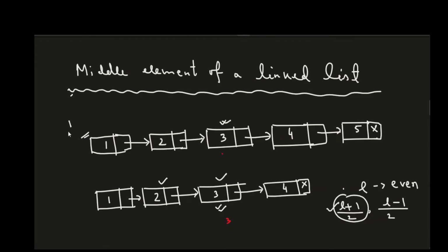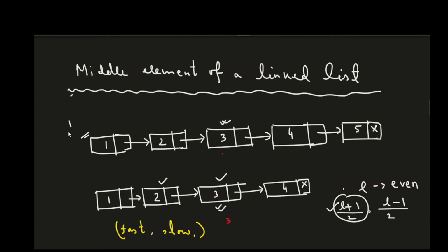Okay, so first what we can do, we will keep 2 pointers. First one is a fast pointer, and the second one is a slow pointer. We will assign both of them, fast and slow, to head initially. Then we will increment the fast pointer by 2 nodes.